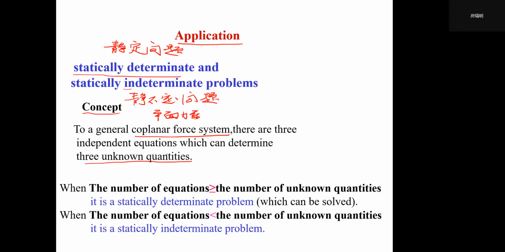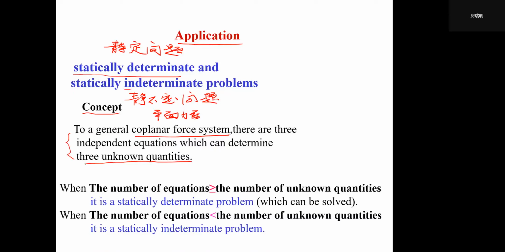Can you guys understand that? So from the equilibrium condition of a general coplanar force system, we know that there are only three independent equations which can determine three unknown quantities.